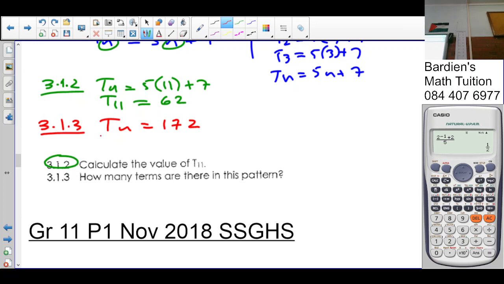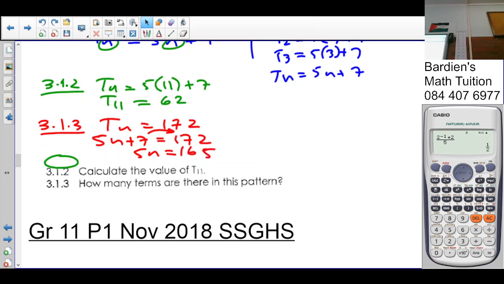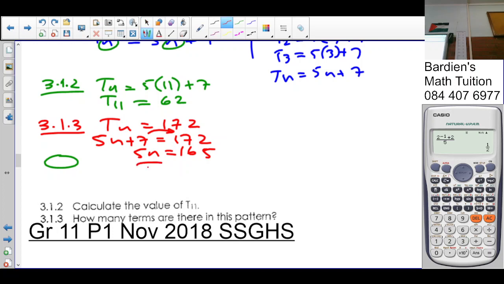But what is Tn? 5n plus 7 is equal to 172. The 7 goes over the equal sign. So 5n is equal to 172 minus 7, which is 165. Divided by 5 both sides. So therefore n is equal to 33. So therefore there are 33 terms in the pattern.